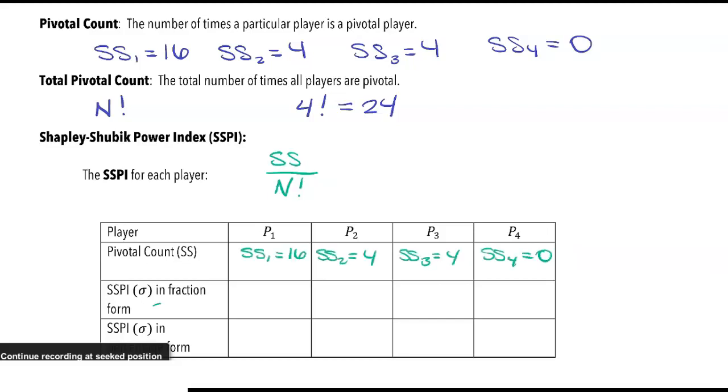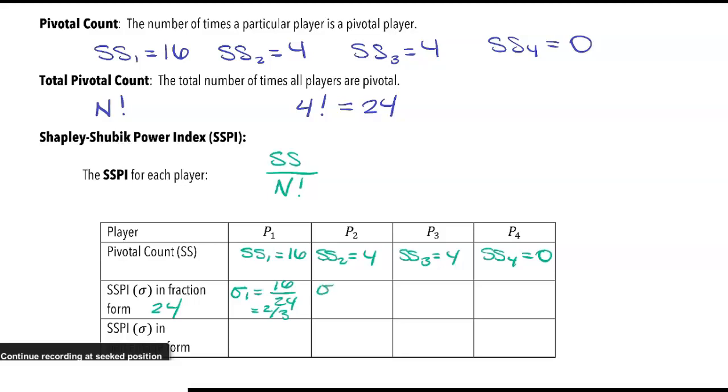Our total pivotal count is 24. So dividing each pivotal count by 24, we can find the SSPI for each player. Here we use the Greek letter sigma. Player 1 was pivotal 16 times, so sigma 1 is equal to 16 divided by 24, which simplifies to 2 over 3.